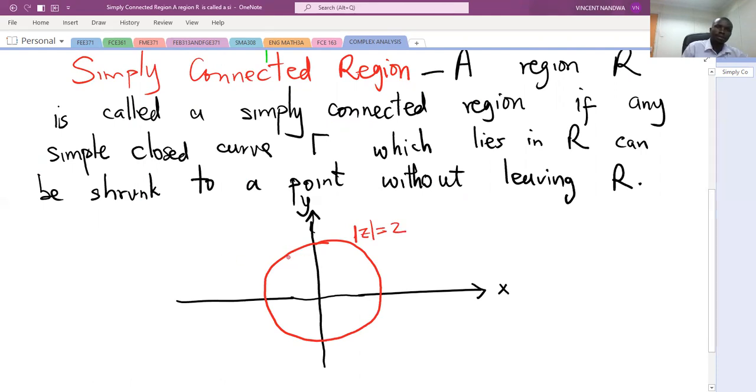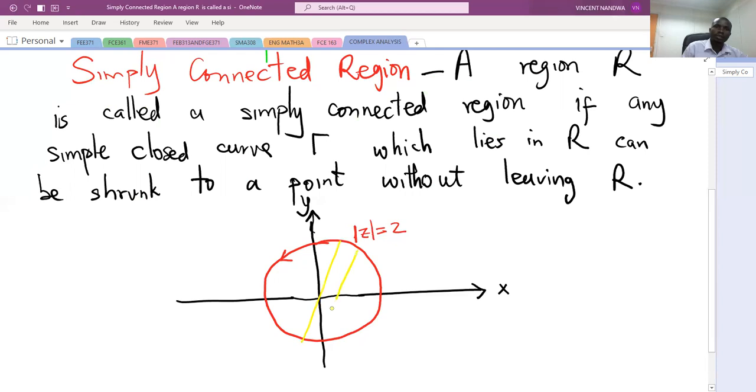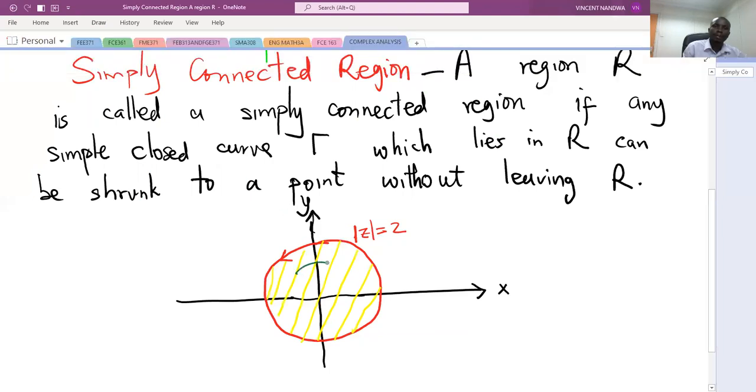This is the motion along this curve. So this region here, the region within this circle, what I'm shading, defines a simply connected region, because if you draw a simple closed curve within this region, let's call it gamma, then you can shrink this simple closed curve to a point within the region R. So this shaded part is what I'm calling R, the simply connected region.